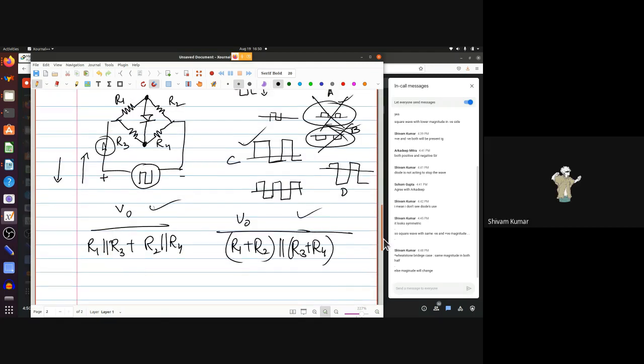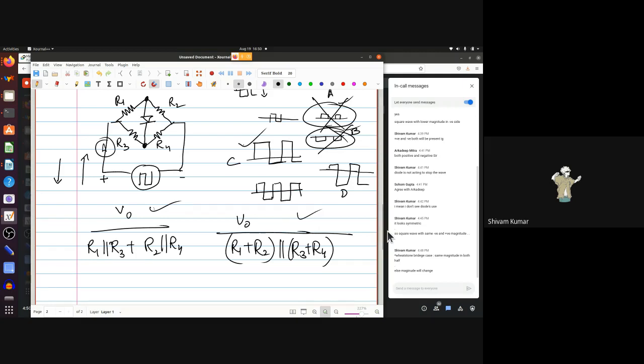It will depend on R1 and R3's resistance. Close. It will depend not only on R1 and R3, it will depend on all four resistances. But how would you figure out? By taking effective resistance in series, like R1 and R2's resistance, and comparing it with R3 and R4.